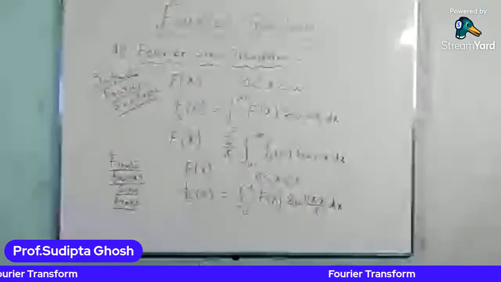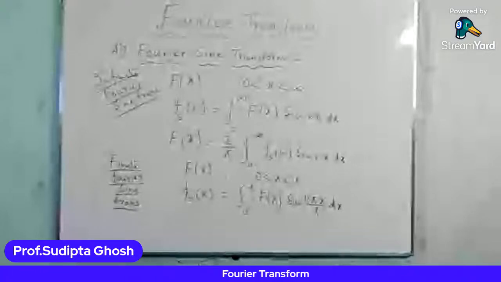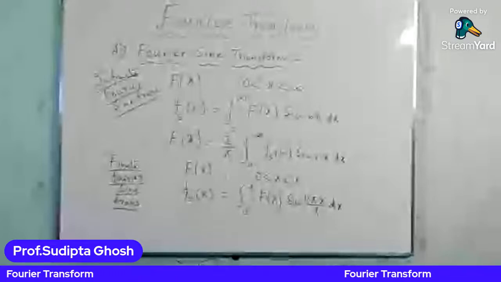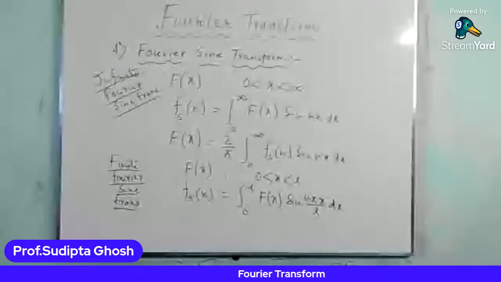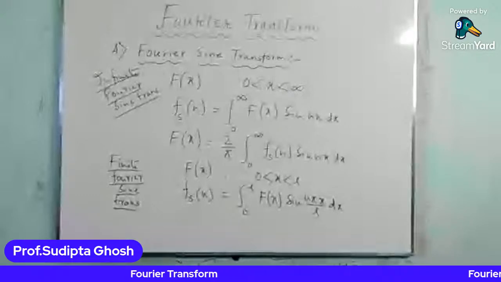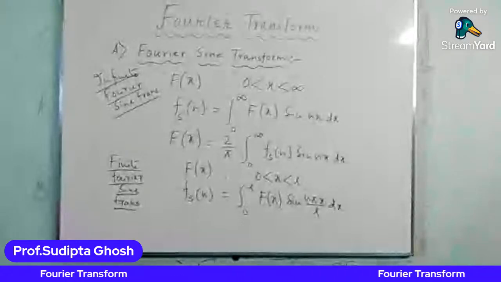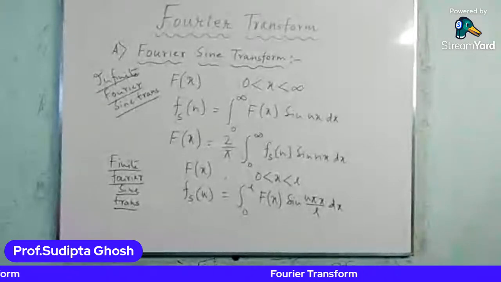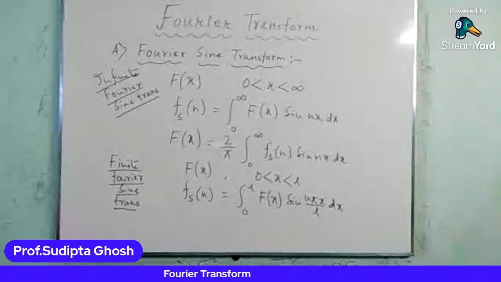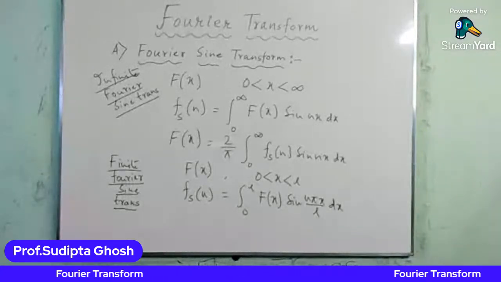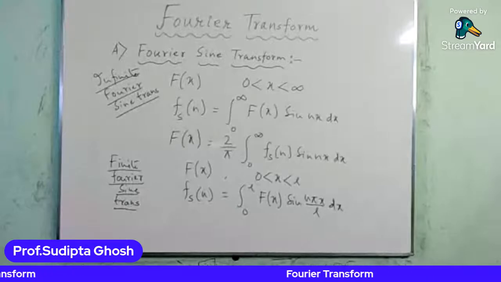So that is the finite Fourier sine transformation of a function capital F of x, where x lies between 0 to L, and it is denoted by small fs(n), where n is again a positive integer, and is defined as fs(n) equals integral 0 to L capital F of x sine n pi x by L into dx.